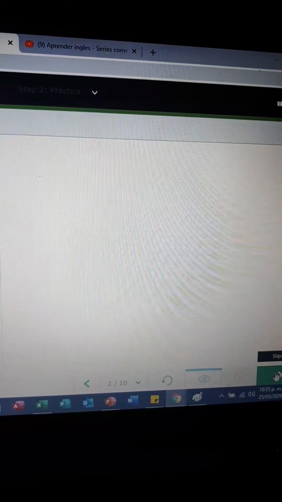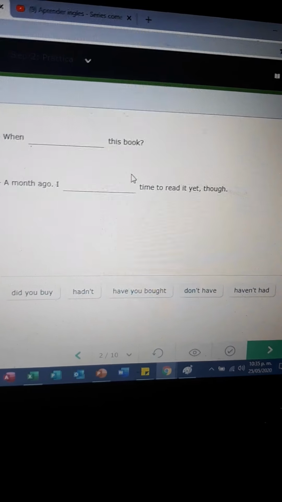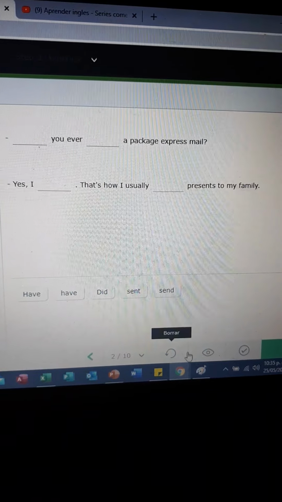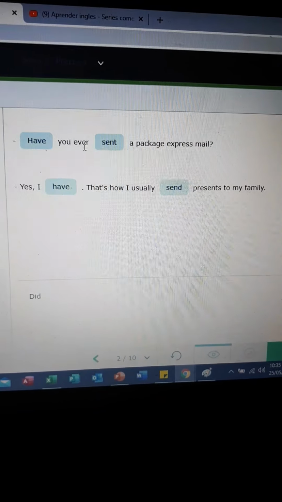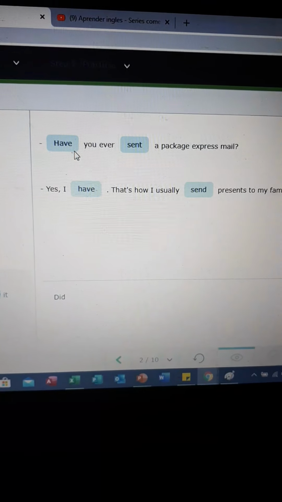We use yet in present perfect, and in the next one we work with ever. Ever is also to work with present perfect. Pero aquí ya se congeló la imagen. Okay. Remember, when we use ever or yet it is to work with present perfect.